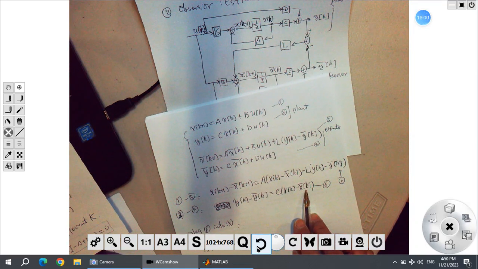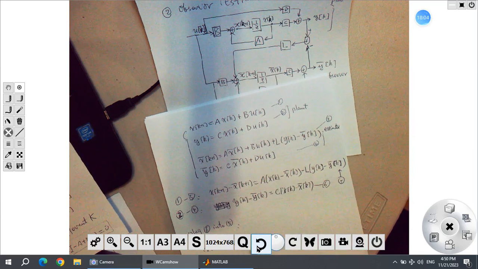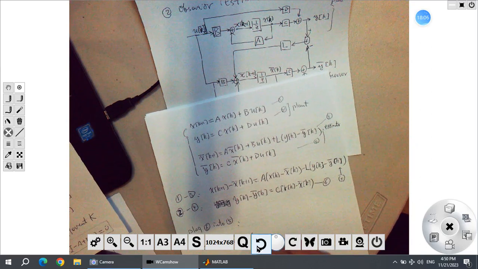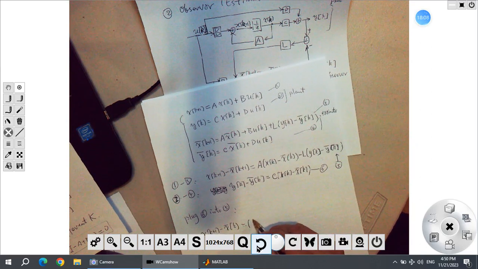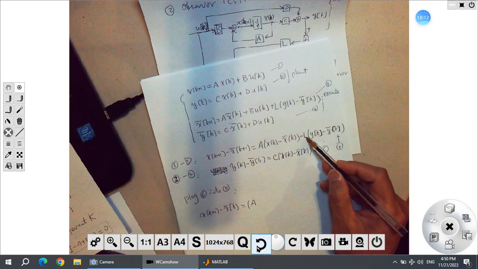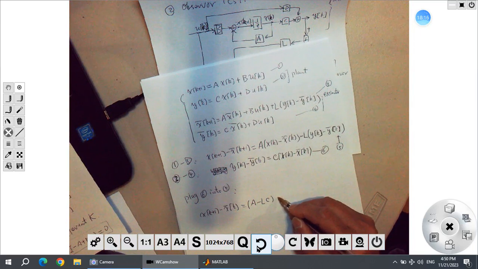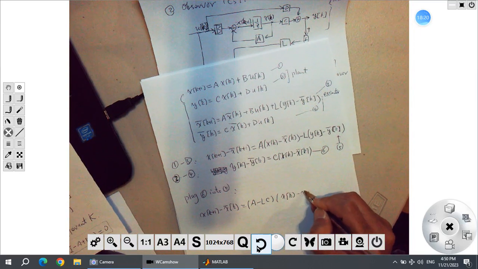So both are some matrix times x k minus x bar k. I put the matrix in front. The first one in the matrix is A, and the second is negative L times C, right? Negative L times C. Then here's x of k minus x bar of k.